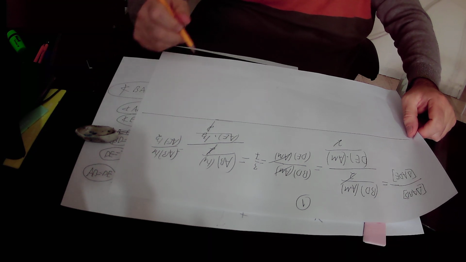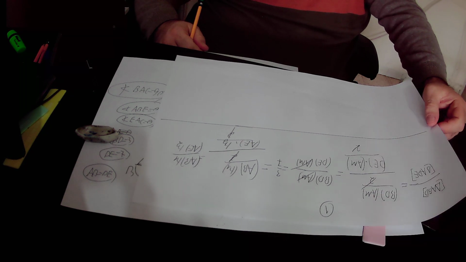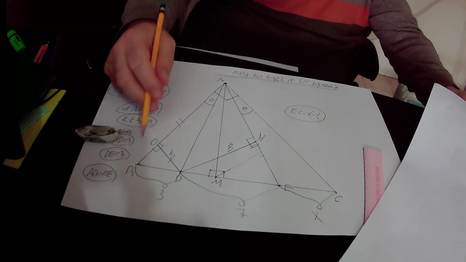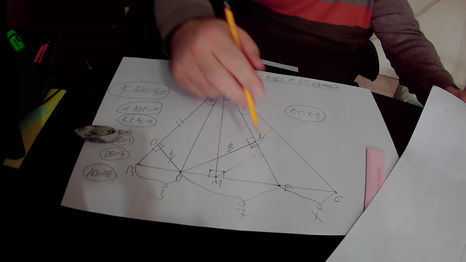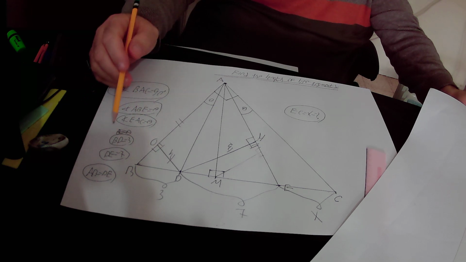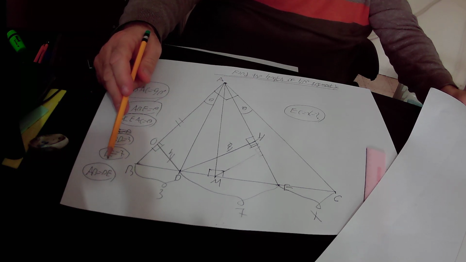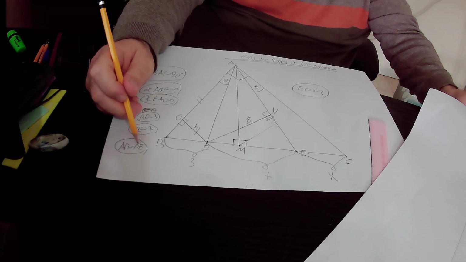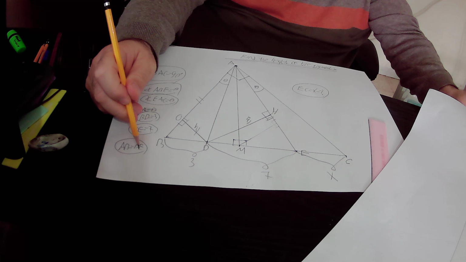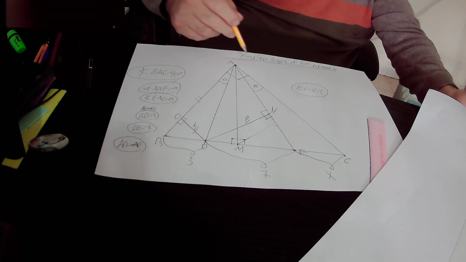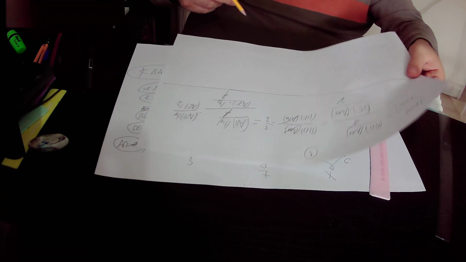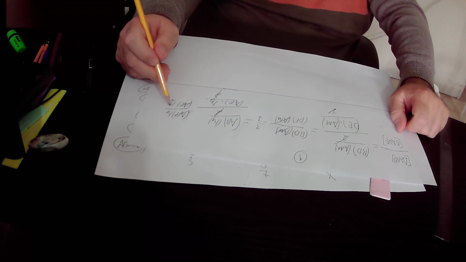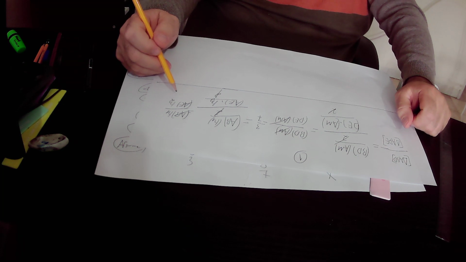We know that AB is equal to AE, according to what is given in the question. Therefore AB over AE will be equal to 1. So we are left with H1 and H2.